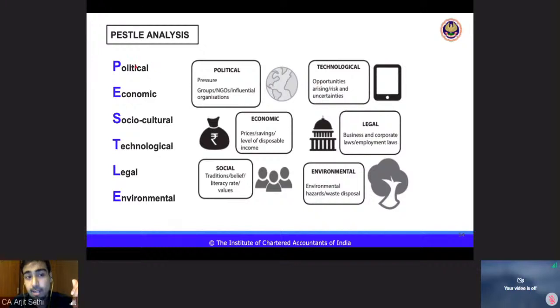This analysis helps to analyze all these components of the external macro environment. PESTLE analysis helps to analyze the components of the macro environment. Note it down somewhere, right?